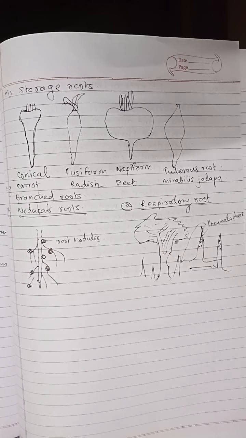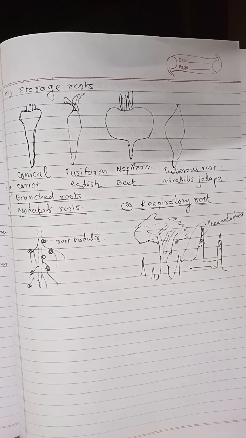The swollen root is broad at the base and tapers gradually towards the apex, giving the shape of a cone. Example is carrot. Second one is fusiform. The root is swollen in the middle, slightly narrow at the base and shows sharp narrowing at the apex, giving the shape of a spindle. Example is radish.